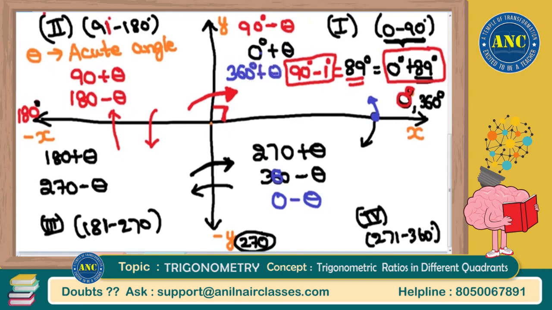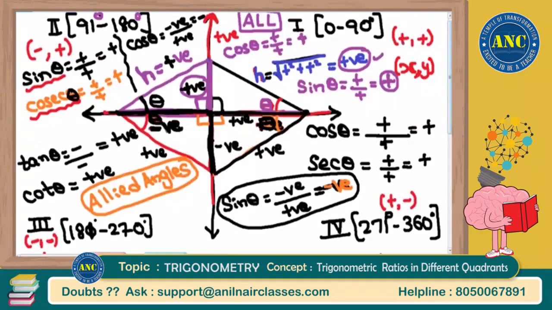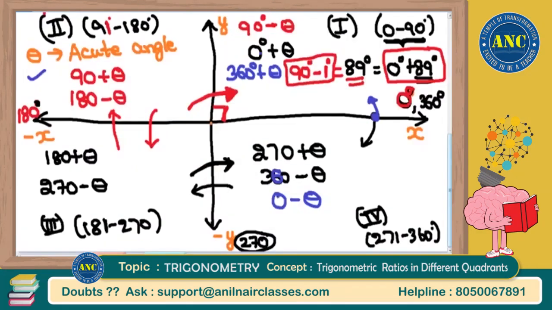I believe that these particular values which I have explained in this particular graph and in this particular graph are again absolutely clear. Kindly comment in the live chat, sir, which angle, which quadrant will have what all variations. That is something you need to know to understand allied angles better.